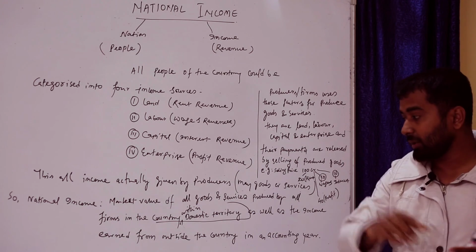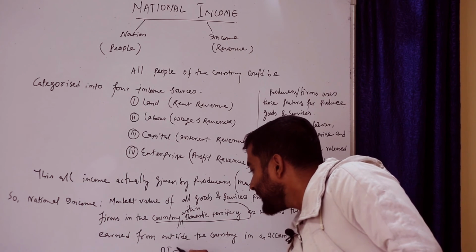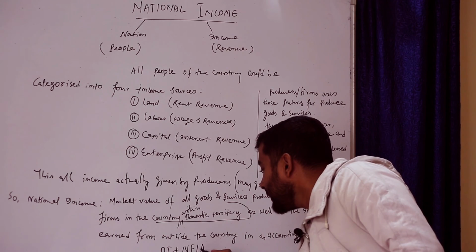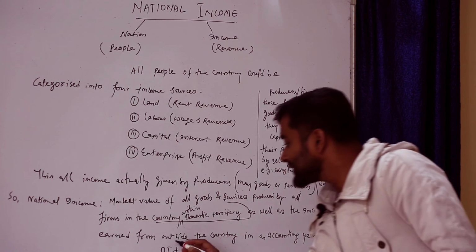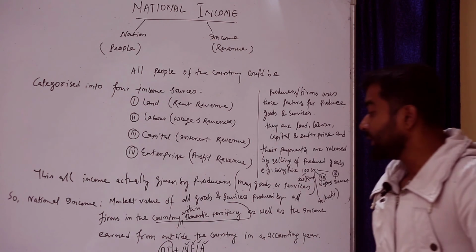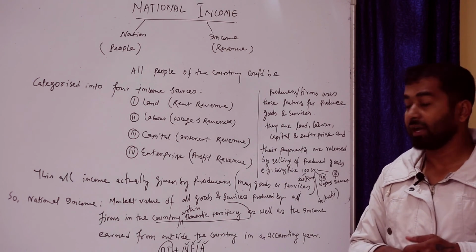So the national income consists of domestic income plus NFIA, net factor income from abroad. So this is the national income concept. I hope you understood.